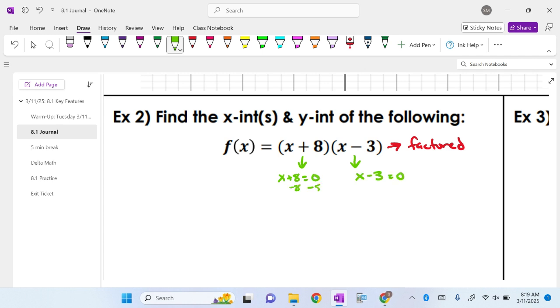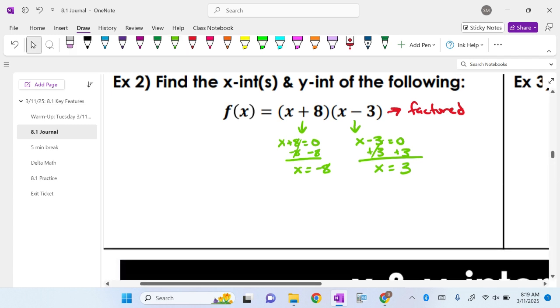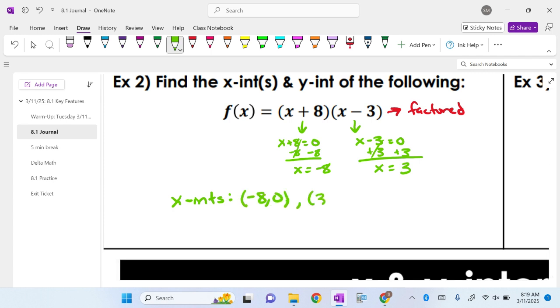So I subtract 8, x equals -8, add 3, x equals +3. So my x-intercepts are at the points -8, 0, and 3, 0.